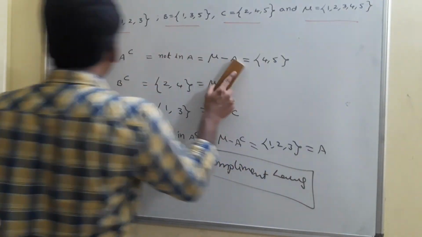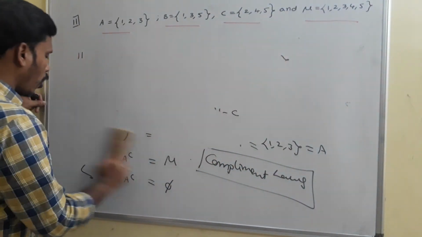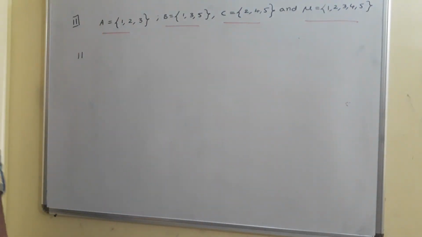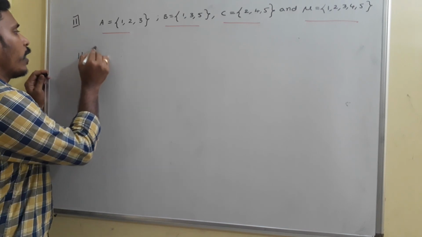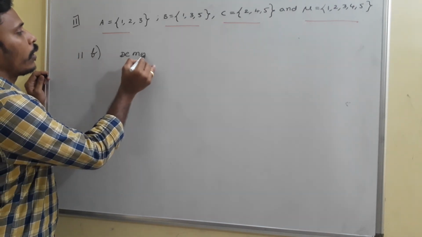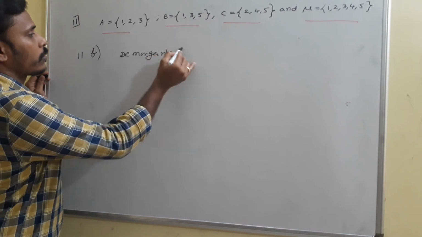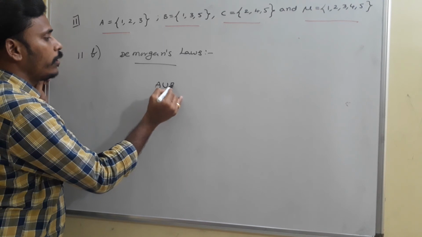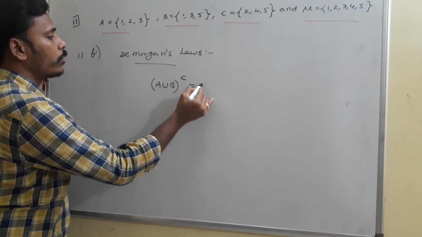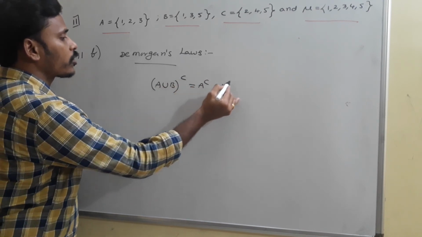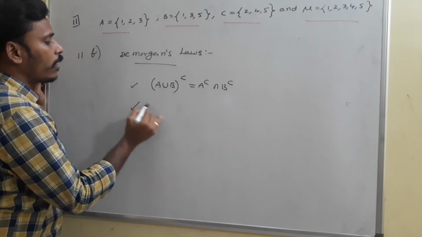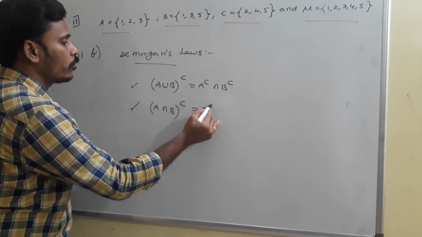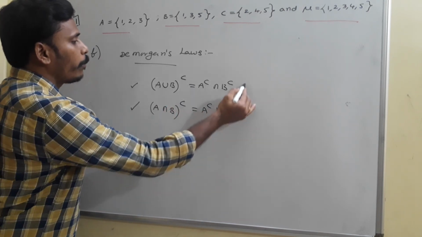In 11F, I will mention some other laws which we call De Morgan laws. As per the name of the mathematician, we call those laws De Morgan laws. And they are A union B whole complement is equal to A complement intersection B complement, and similarly A intersection B whole complement is equal to A complement union B complement.